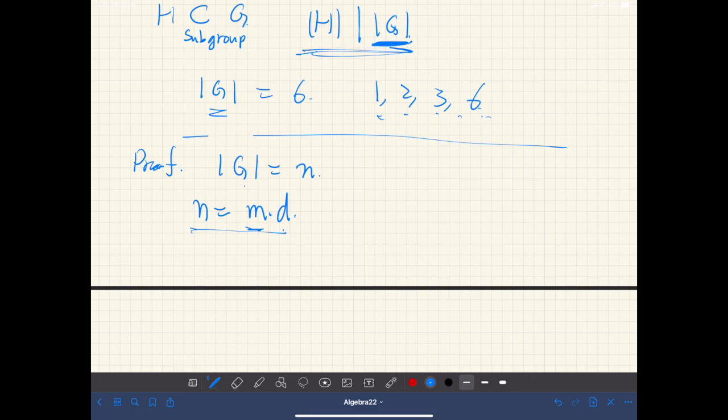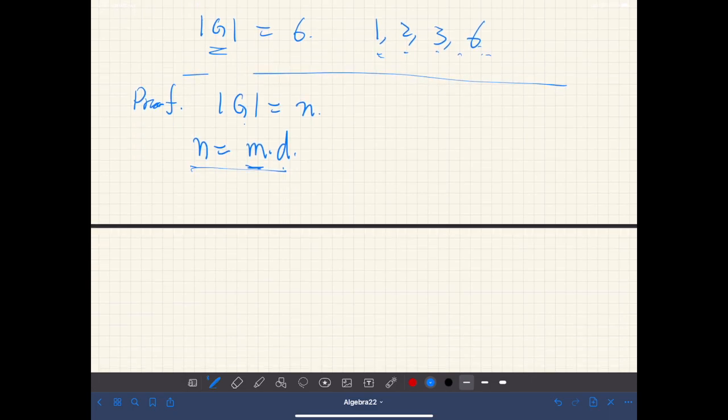And since G is assumed to be a cyclic group of order n, all elements of G can be expressed as a power of some element a, a to the power of k, where k is 0, 1, 2, up to n minus 1.